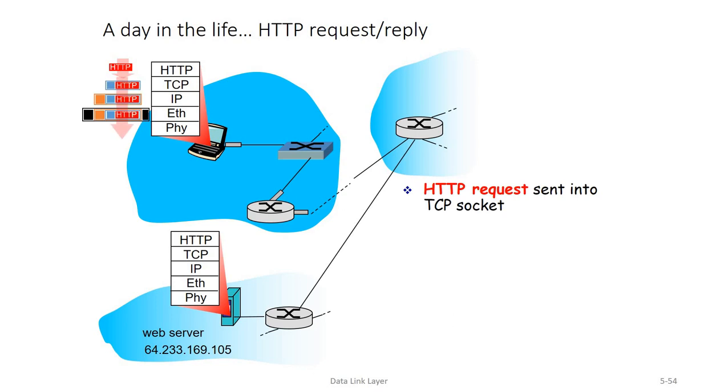Then we start sending our data. The first thing we call the HTTP request. The HTTP request will be sent from your device to the Google server. Then the Google server will reply back with the website content.